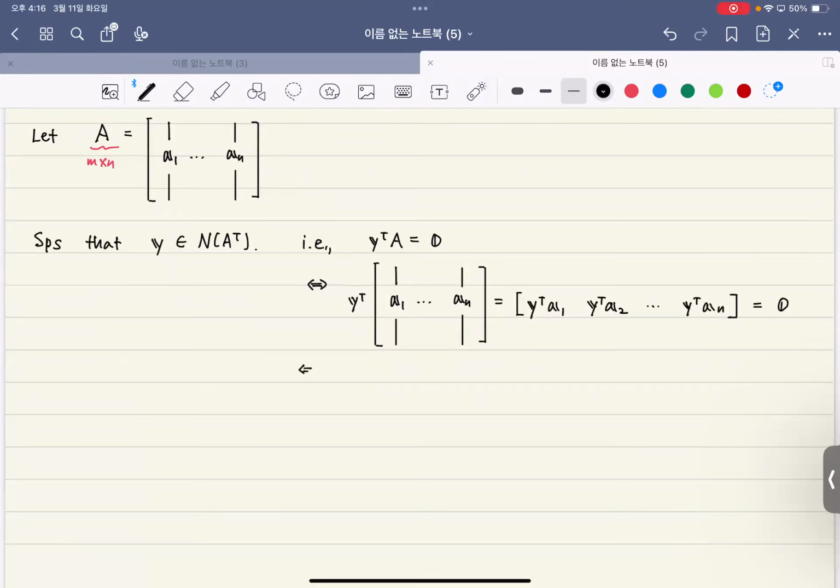In other words, y transpose Ai equals 0 for i from 1 to n.